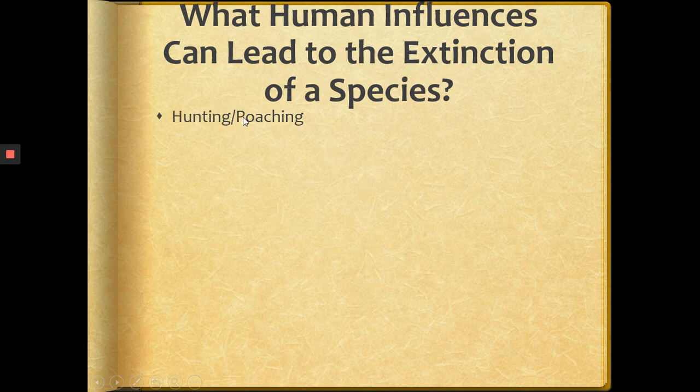So, things that can lead to a species going extinct. Let's talk about hunting and poaching. Poaching is illegal hunting. We think of poaching when we talk about elephants. They are killed for their ivory, and rhinoceros are also poached.